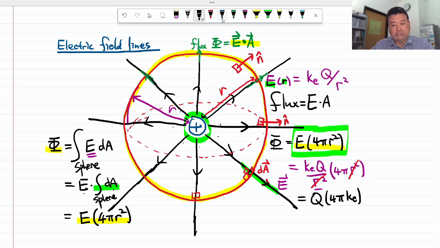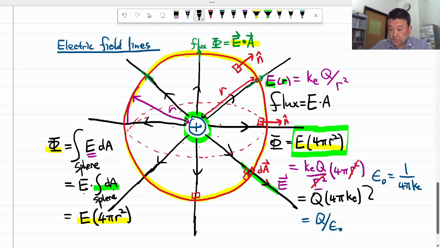Your textbook and many other textbooks define a new constant called the permittivity of free space, or electric constant, written as epsilon naught, that is equal to 1 over 4 pi times Coulomb's constant, to write this quantity as Q over epsilon naught. These are the simplified expressions for the flux, and the r dependence is gone.